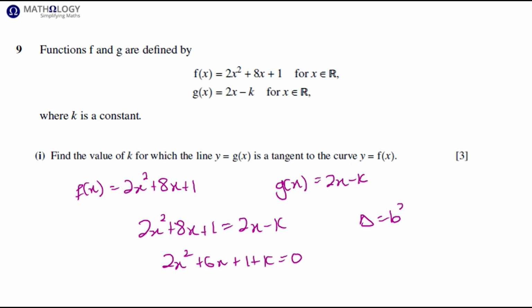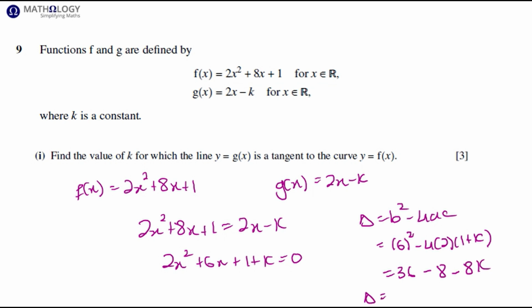The discriminant delta is b squared minus 4ac. So that's going to be 6 squared minus 4 times 2 times 1 plus k. 36 minus 8 minus 8k. So delta will be 28 minus 8k.